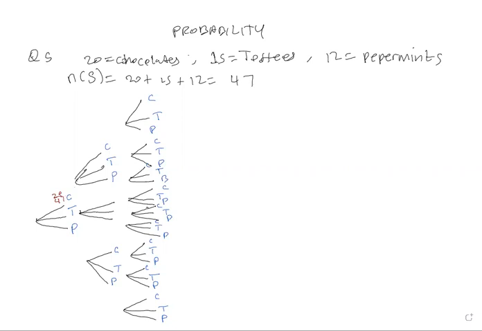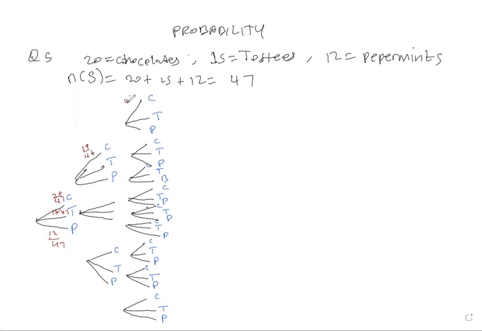Then we have toffees, there are 15, so 15 over 47. Then we have 12 over 47. So what happens here at the second pick, meaning we're picking, we now have 19 out of 46.